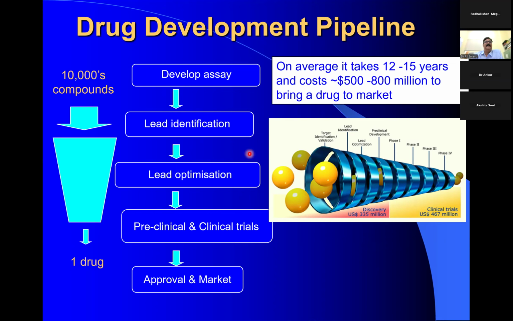So this begins with identifying a potential candidate and progresses through rigorous refinement and testing. So this assay development, which is basically the high throughput screening of molecules, is the initial step where we create a lot of biological assays, and this is essentially a standardized laboratory test designed to measure a compound's effect on the biological target like an enzyme or a cell line.